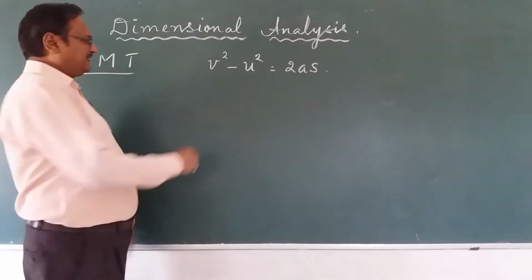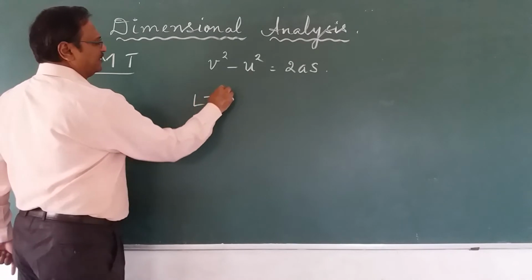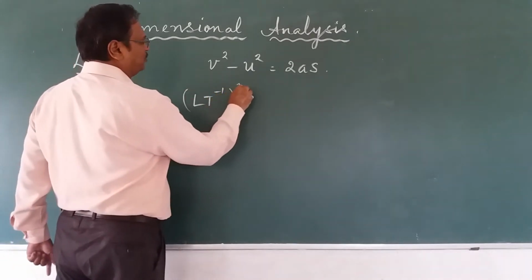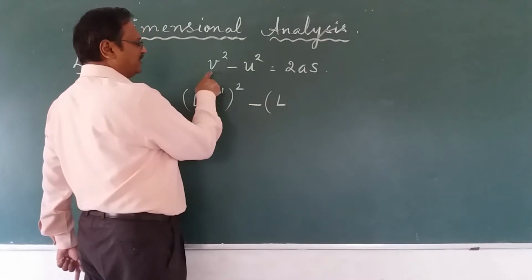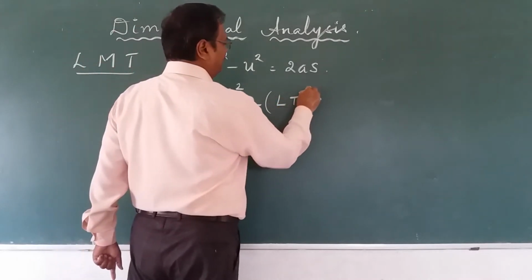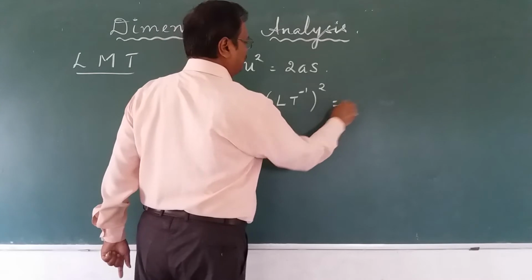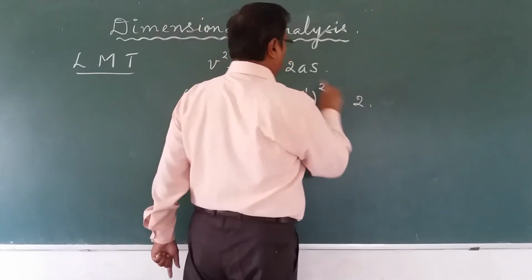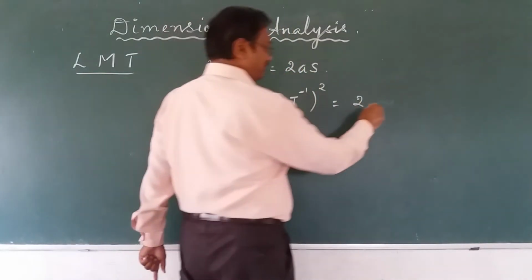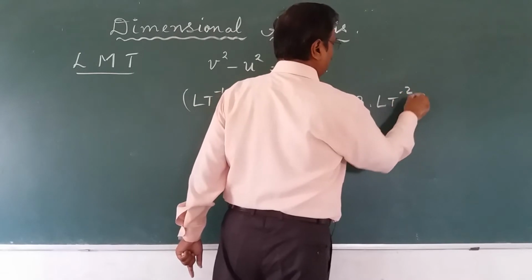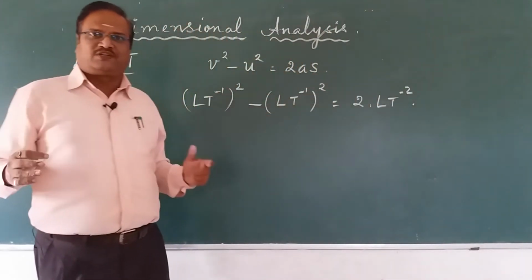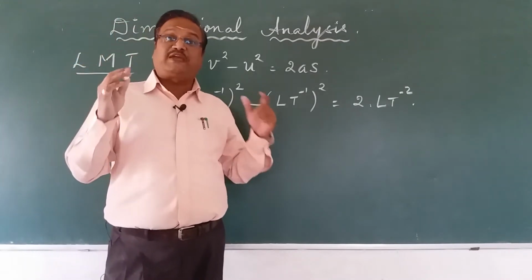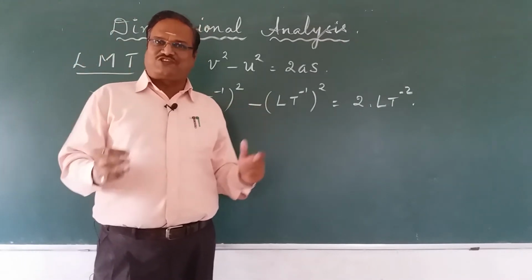Now, you know velocity is L t power minus 1. So, final velocity L t power minus 1 whole power 2, minus initial velocity, is equal to 2 into A, acceleration, L t power minus 2, into S. S is from spatium, space, and from that the word distance came.